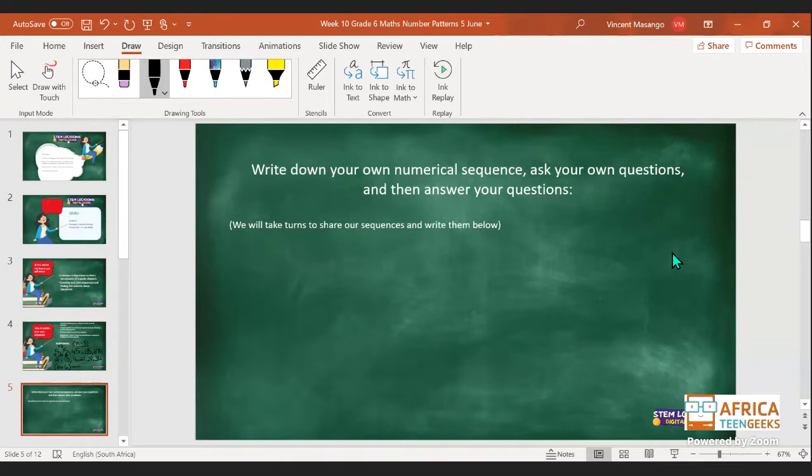You can type green, just like this. Then we will look at one person's sequence, questions, and answers. So I'm going to give you 2 or 3 minutes to do that quickly.